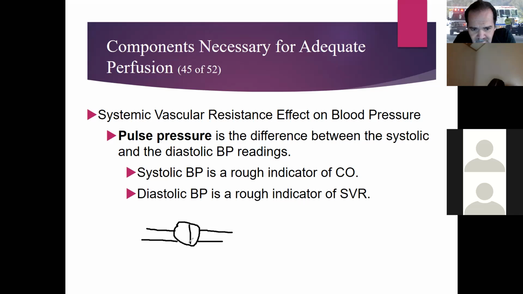This here is basically a rough indicator of the systolic blood pressure, a rough indicator of cardiac output. The diastolic, after that ball goes through and keeps these blood vessels open, is actually an indicator of systemic vascular resistance.